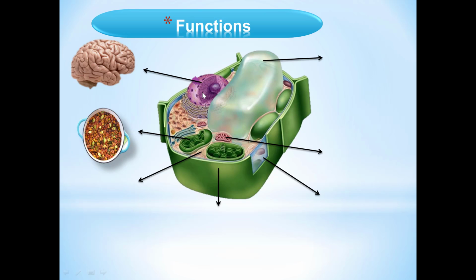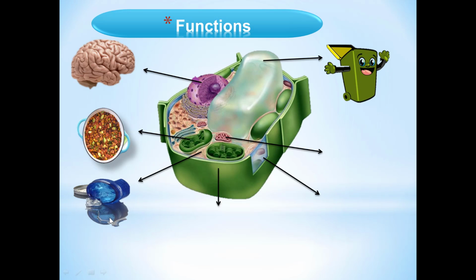This is the nucleus, like a headmaster for controlling all activity, but chloroplast is for making food. So it allows the plant cell to make its own food. And also it's a jelly-like substance.